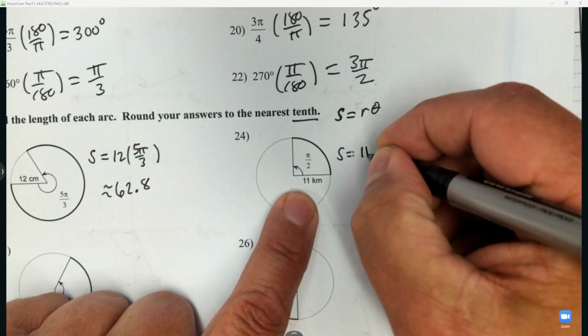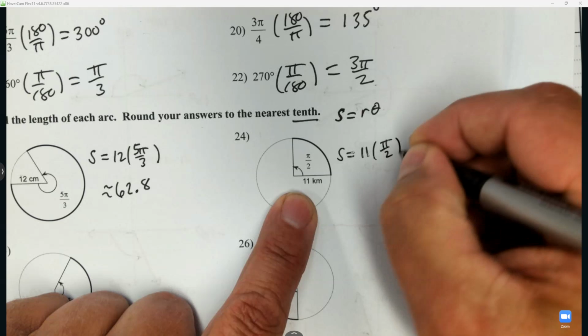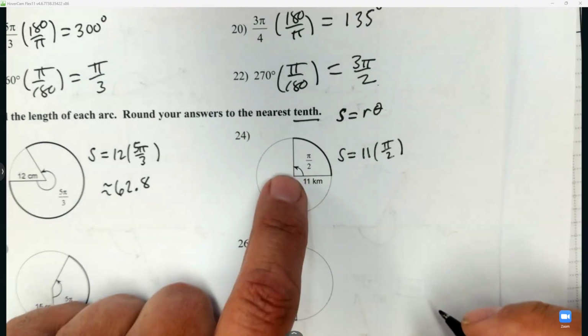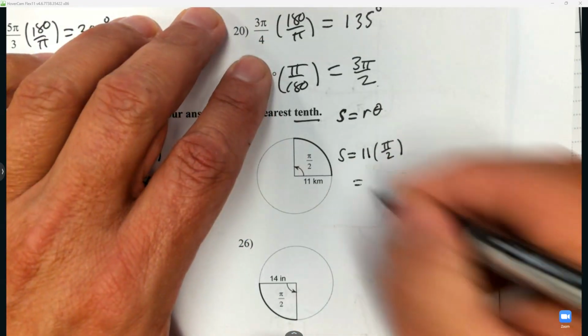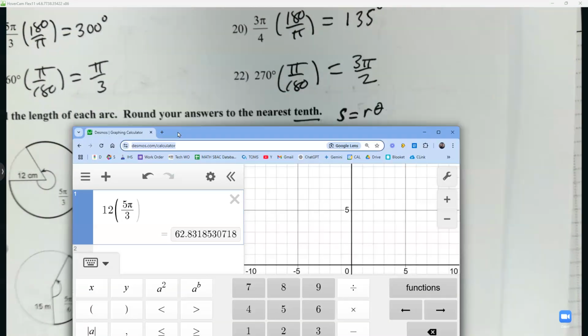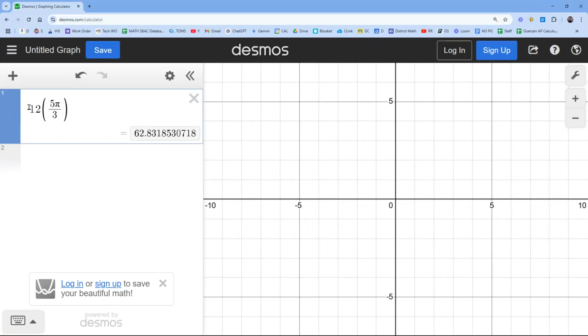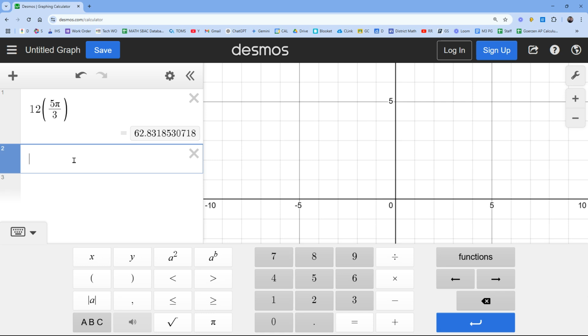The radius is 11. The angle is in radians, pi over 2. You just multiply the radius times the angle. And again, we're going to use Desmos. That's 11 times pi over 2. That's 17.3.